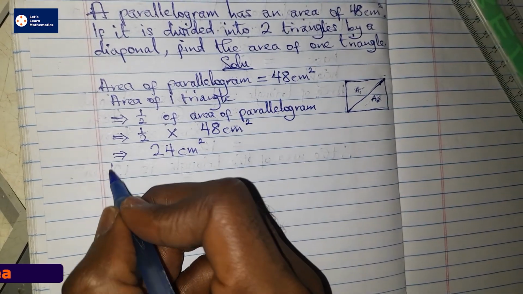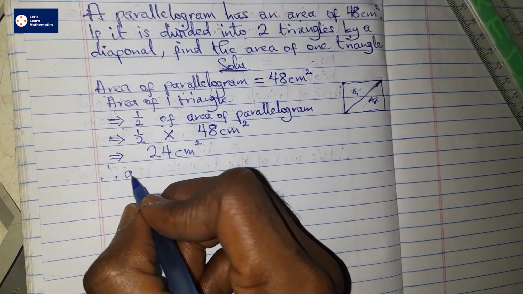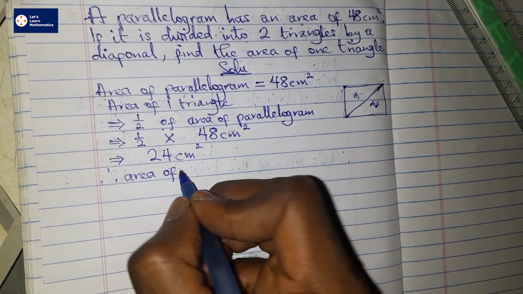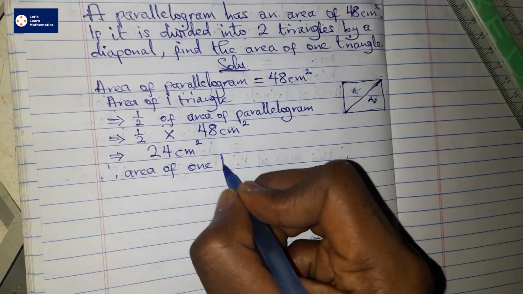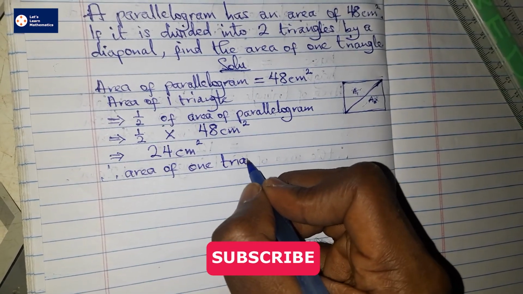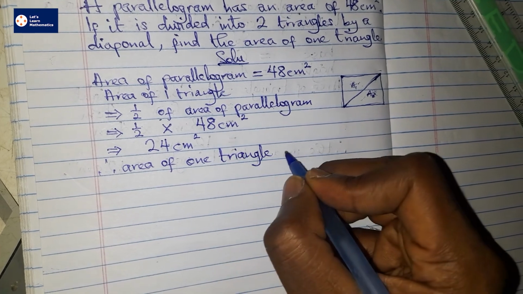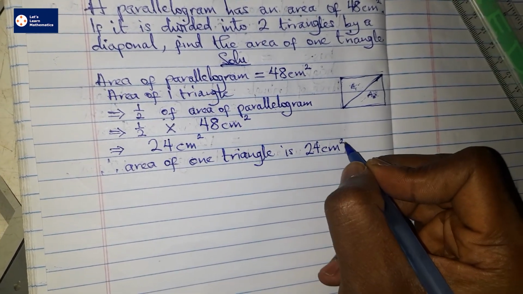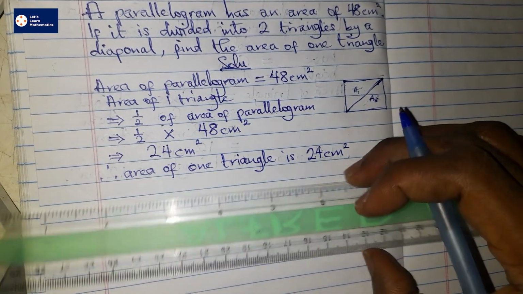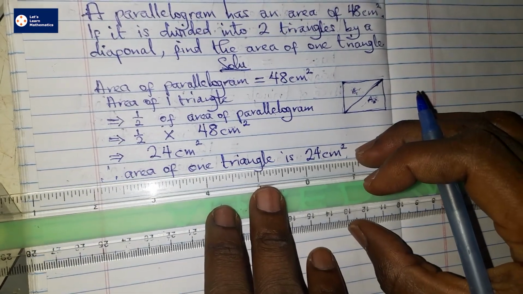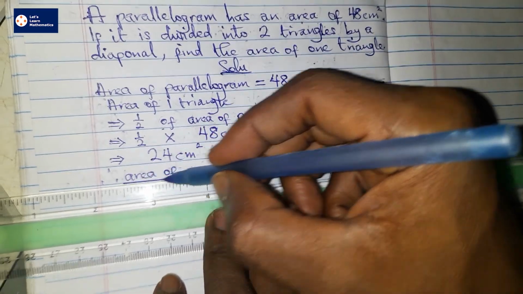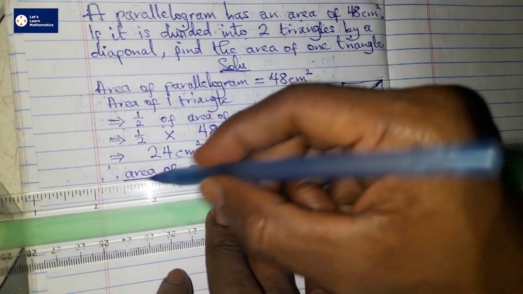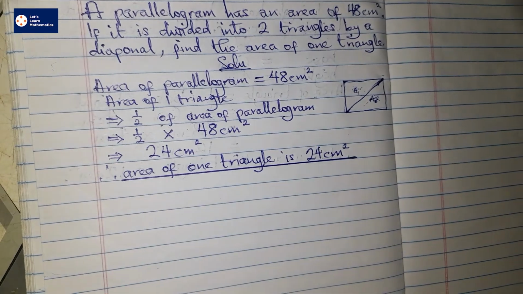So we say that therefore, area of one triangle is 24 centimeters squared. And you can underline that nicely. So this is your solution.